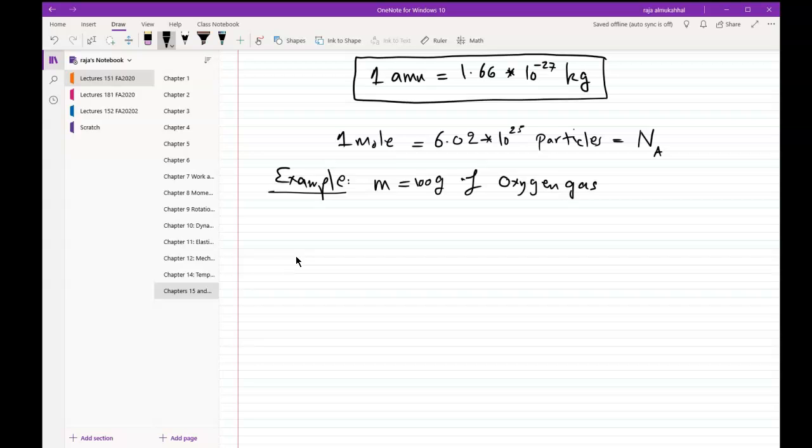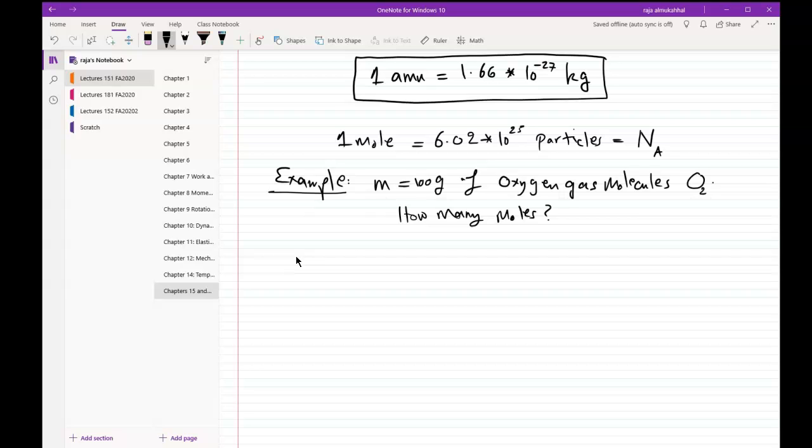So I have a mass of 100 gram of oxygen gas, and the question is how many moles? I hope this is an easy question for those of you who have taken chemistry. Of course, we're assuming here oxygen gas molecules, so that means it is O2, not O1. You see what I'm saying?